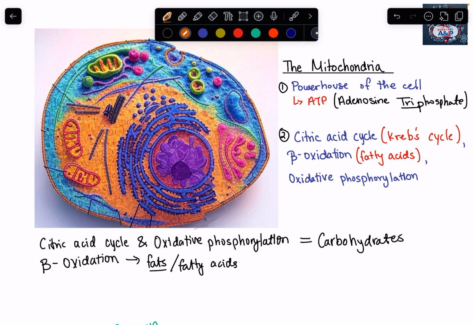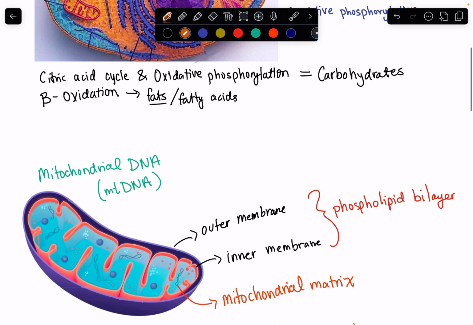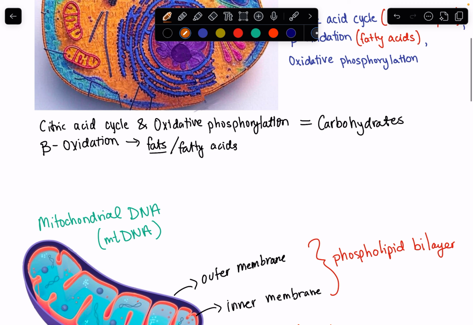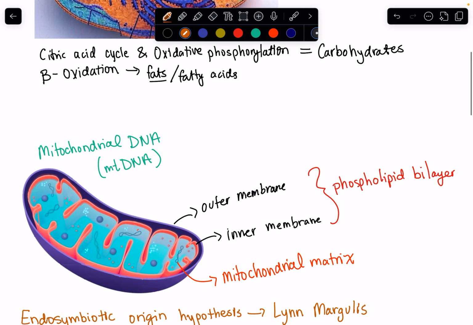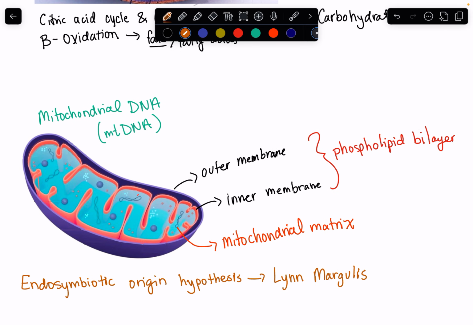We talked about the citric acid cycle and oxidative phosphorylation, which takes place within the mitochondrial matrix. And then we also talked about beta oxidation that also helps produce ATP. We also covered that the mitochondria has its own DNA known as mitochondrial DNA. And this makes sense based off of this endosymbiotic origin hypothesis that we also talked about.